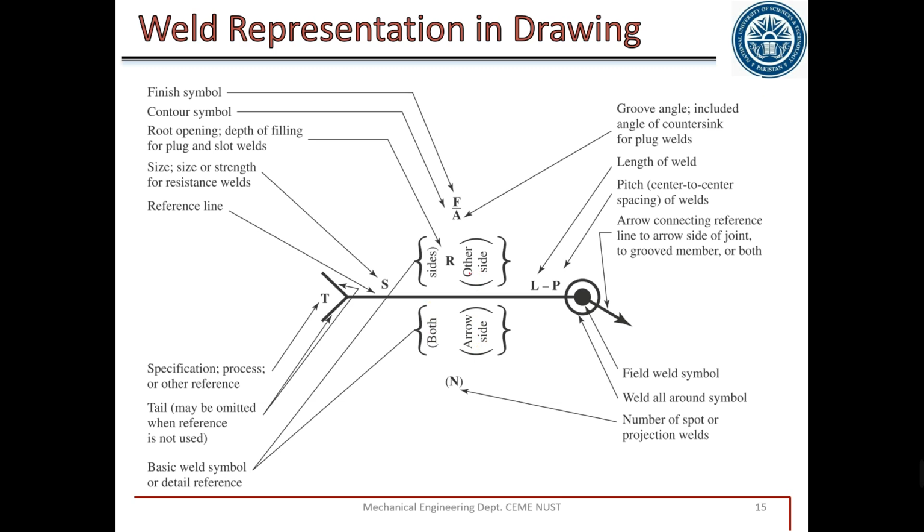For example, if we have this type of surface and the arrow is pointing towards this end, then one side shows the weld on this side, and the other side shows the weld on the other side of the arrow. For example, this one is the other side of the arrow. And the remaining thing is the number of spots, 10 spots, 20 spots, 30 spots, how many spots we are making.